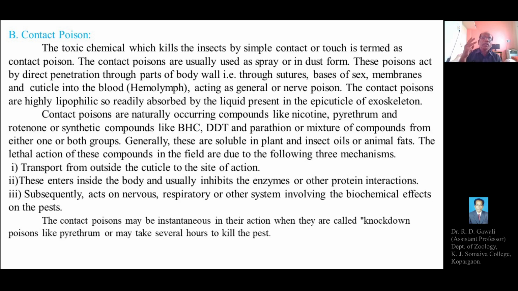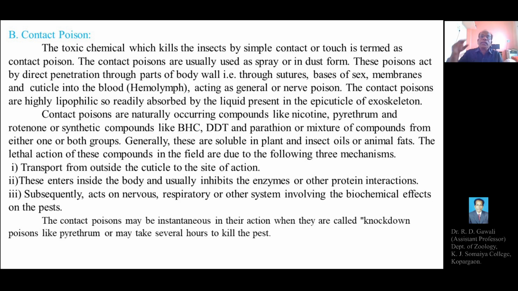So there are three types of mechanisms responsible for the lethal action or toxic effect of the contact poison. First, transport of the contact poison from outside the cuticle into the body of the insect pest.